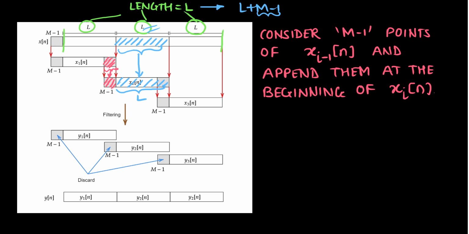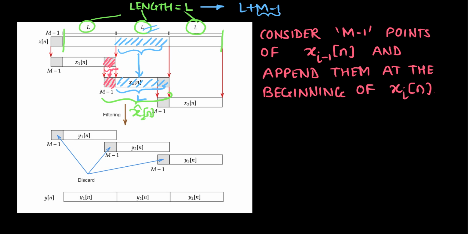Let's say the new block that we obtain, this entire block here, is given by x hat i of n.